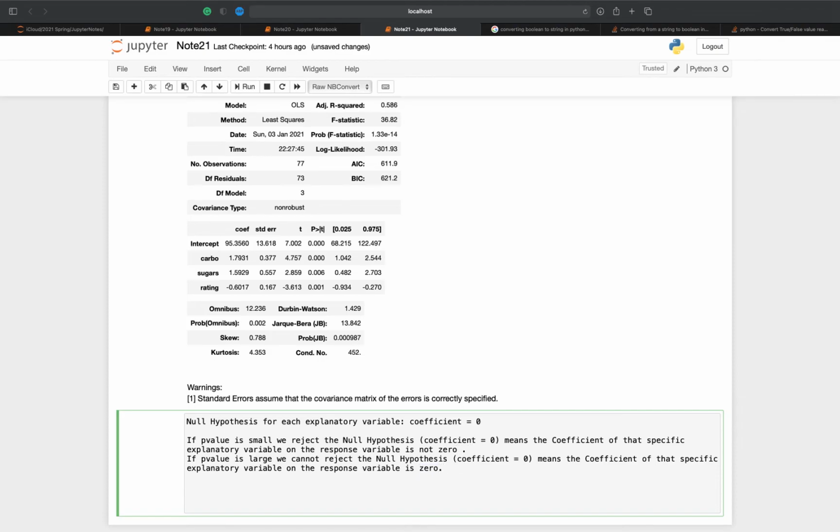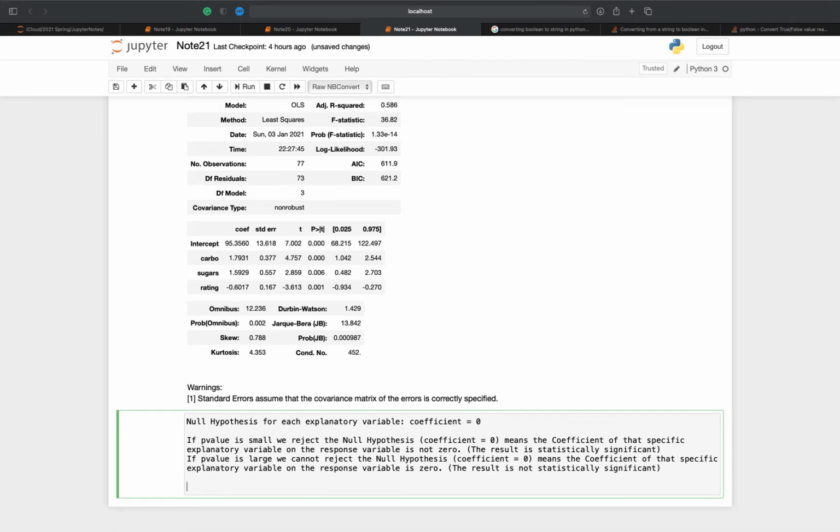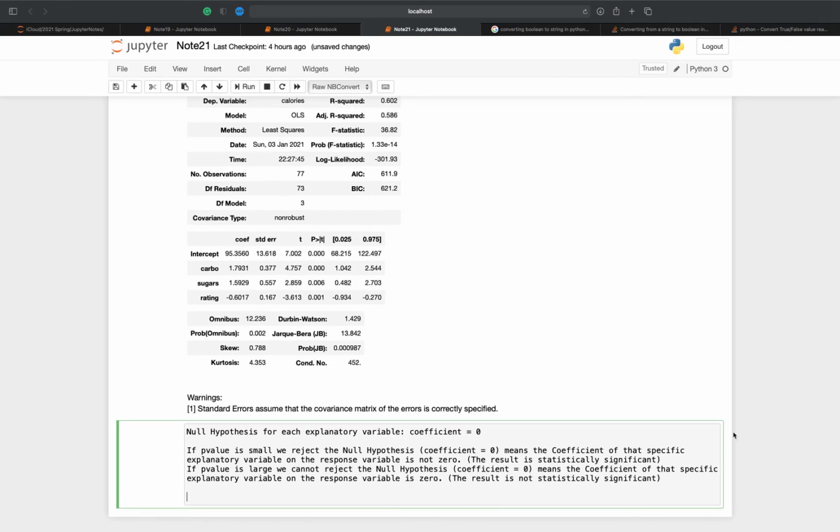When the p-value is small, we say the result is statistically significant, right? And if the p-value is large, the result is not statistically significant. So this is the situation that happens.